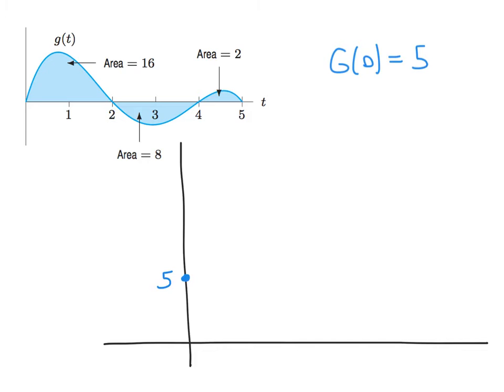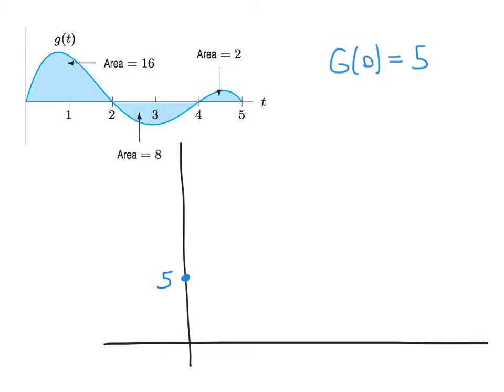So let's start. The first thing we observe is that here the function is positive and has total area 16 between 0 and 2. We've already seen in the last lecture that the definite integral is the same as the area under the curve if the function is positive.